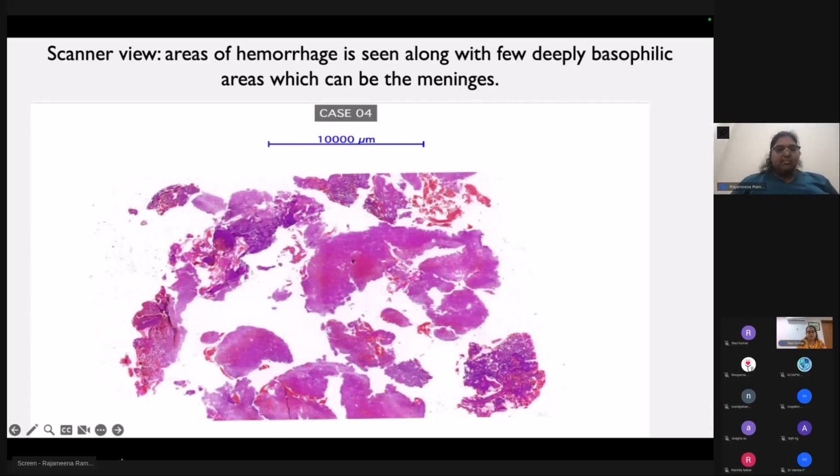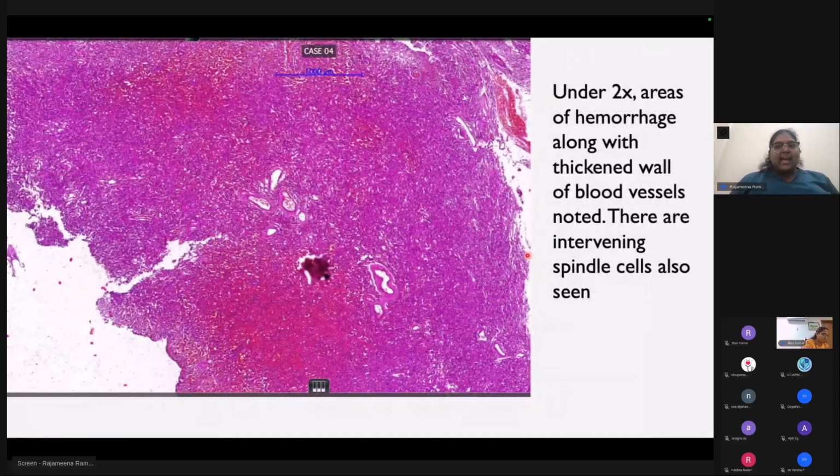This was the mounted view, which shows areas of hemorrhage along with few deeply basophilic areas, which can be the meningeal tissue. Under the 2x scanner view, there were areas of hemorrhage along with thickened blood vessels, and there were some spindle cells intermixed with these blood vessels.